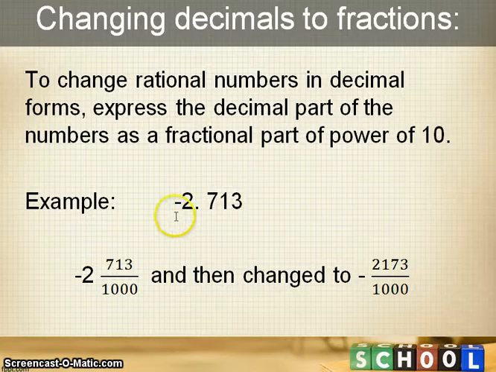Example, if we have negative 2.713, take the whole number aside, then represent the decimal part as our numerator, and since there are three digits here, the denominator is the power of 10, that is 1000, and then change it into negative 2713 divided by 1000. So this is the fractional form of negative 2.713.